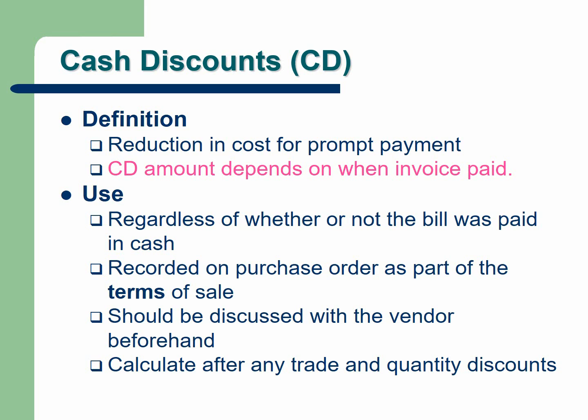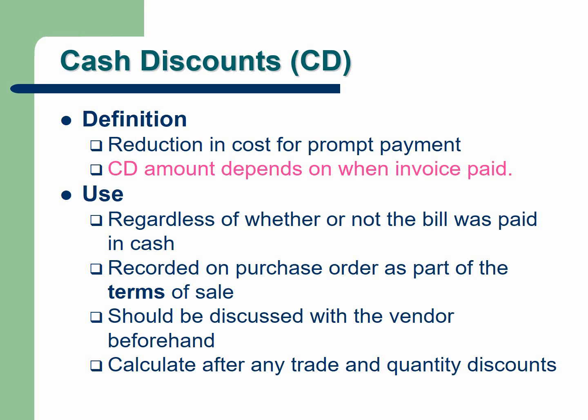Unlike the name cash in the term cash discount, whether or not you receive the cash discount has nothing to do with whether or not the bill was paid in cash. So it is not about whether the bill is paid in cash, but about when the bill is paid. Cash discount is a reward that the vendor gives to the buyer for prompt payment, paying early.